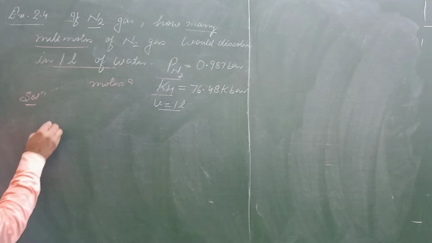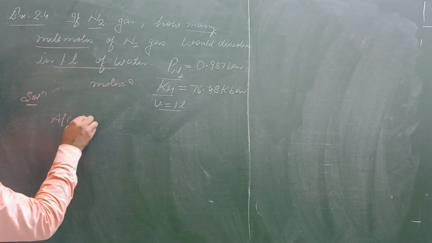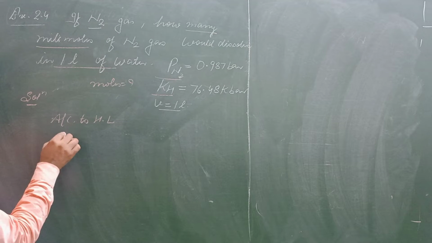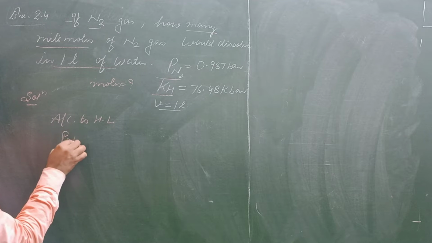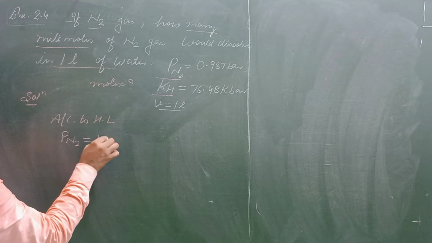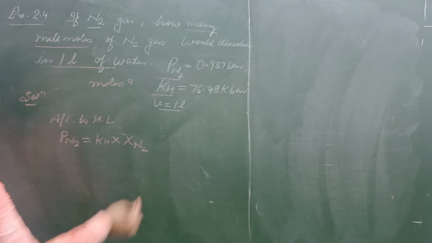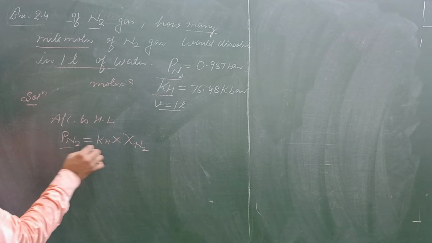So according to Henry's law, we have the formula: partial pressure of nitrogen gas equals Kh into mole fraction of nitrogen gas. So these two factors are given.